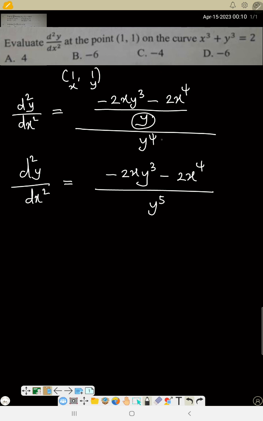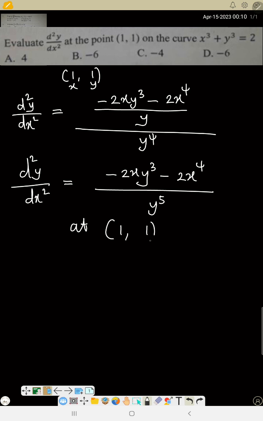So this y will come down to multiply this one, and you know this has power 1, so you add the powers. So that y comes down and adds to this to become y to the power 5.